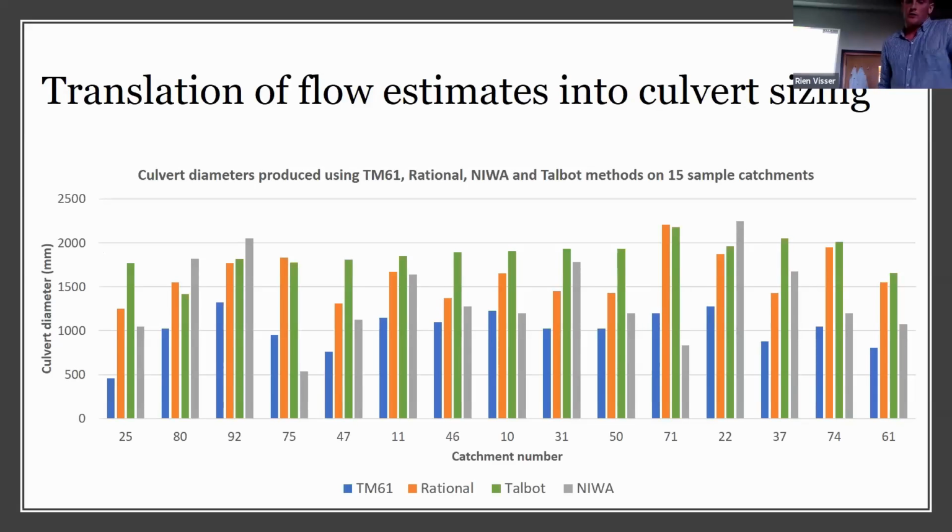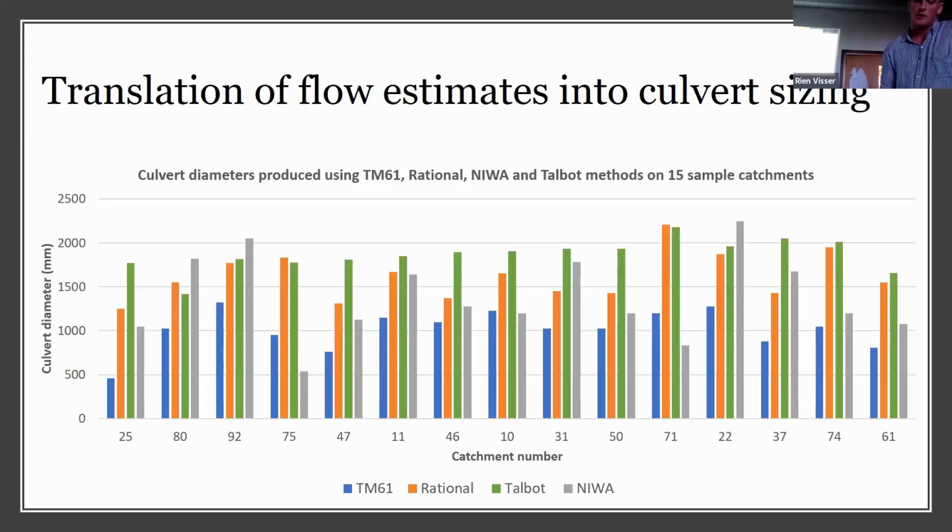So this is results for the same 15 catchments as previously presented. I also incorporated the Talbot's method to see how that would align with the 3 methods already analysed. I used a hydrograph provided in the New Zealand Forestry Engineering Manual to produce the flows generated for the TM61, rational and NIWA methods.